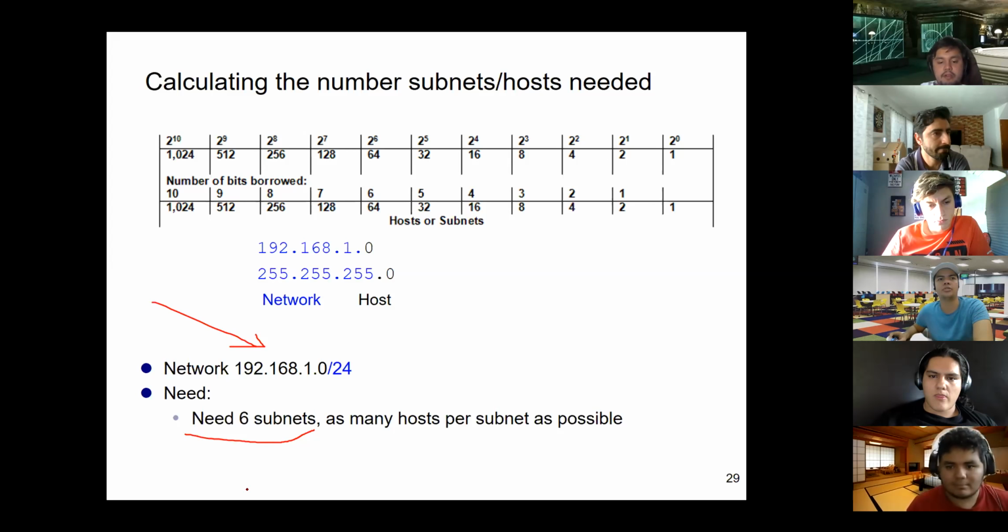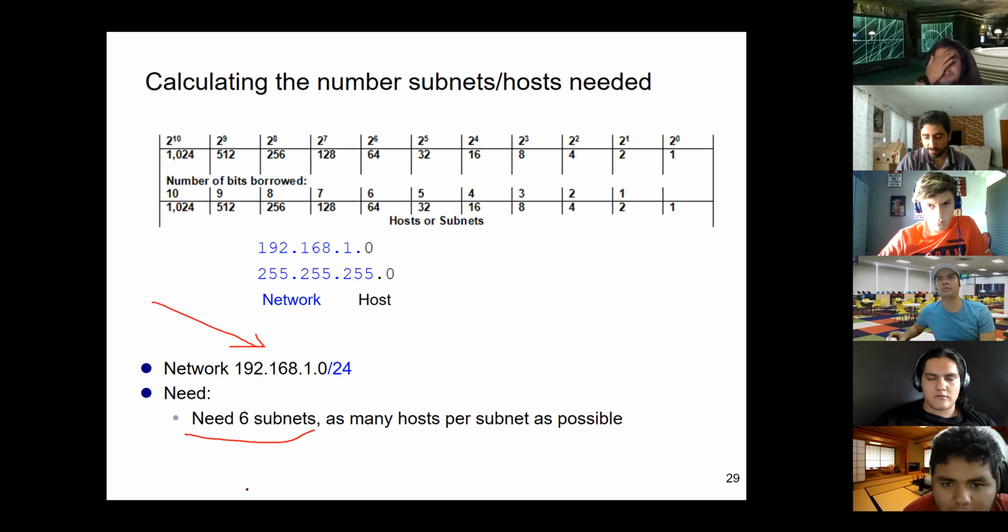I would say 3 bits for the subnets and the rest for the hosts. How many hosts can you have per network? 2 to the power of 5.